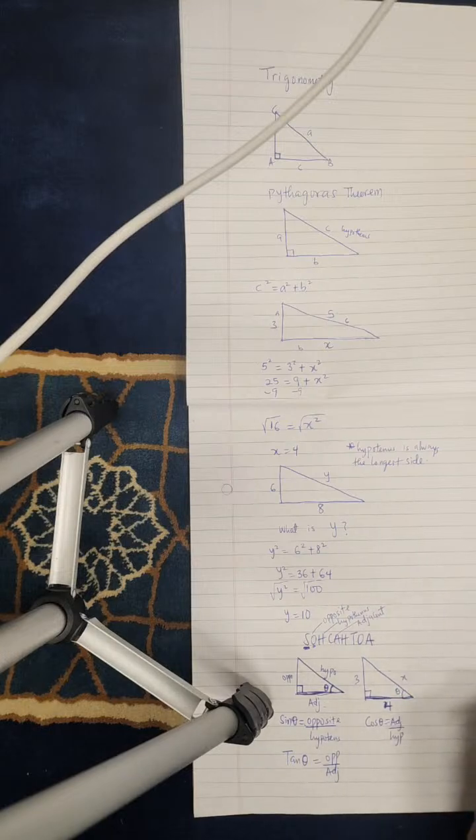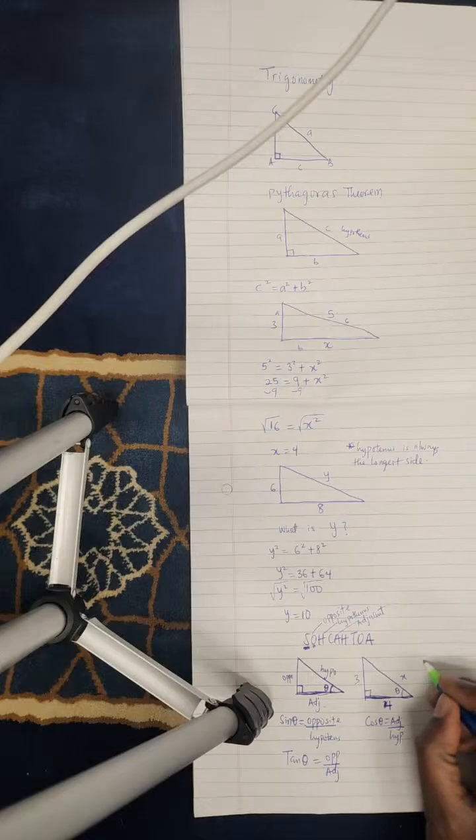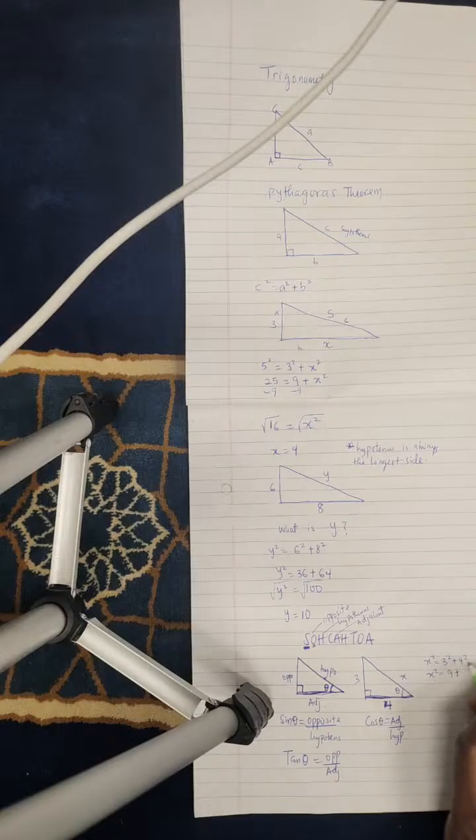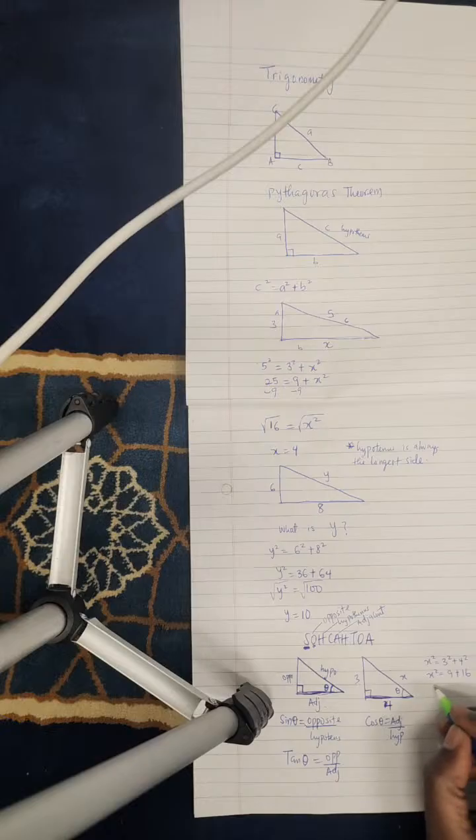If this is x, here you have your x squared equals 3 squared plus 4 squared. 3 squared is 9, 4 squared is 16. And your x squared is going to be 25.